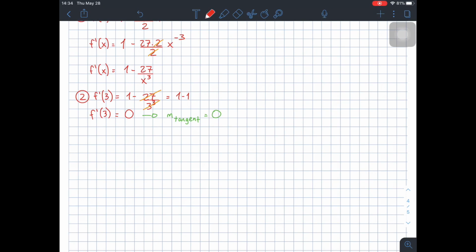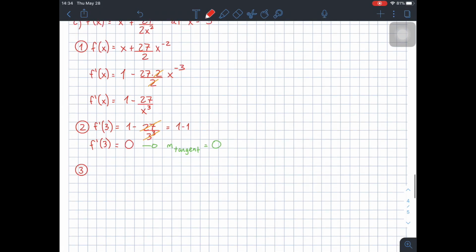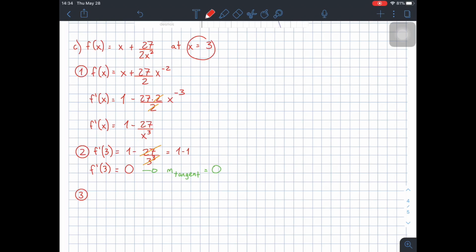Step number 3, we need to find the y coordinate of the point of intersection. So how do we do that? We replace this value of x into the original function.